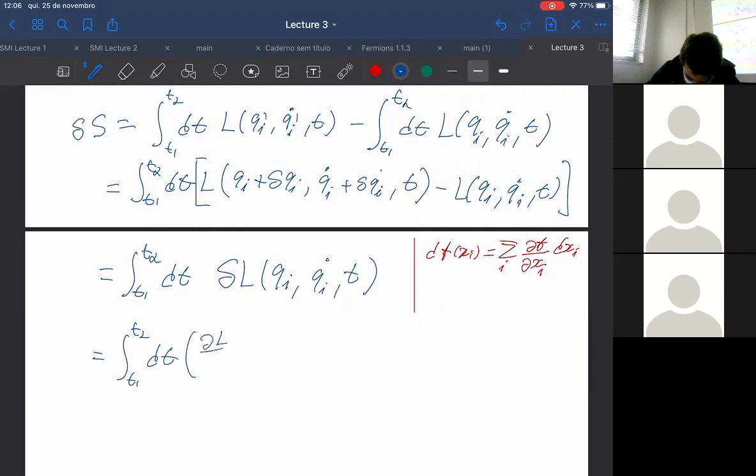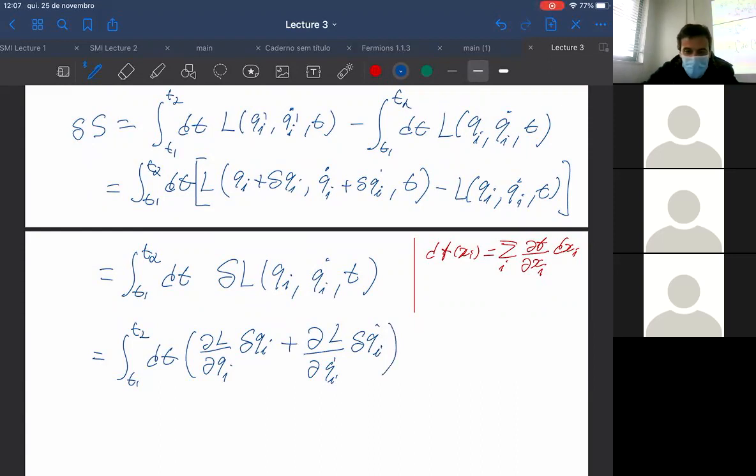So dL/dq_i delta q_i plus dL/dq_i dot delta q_i dot, right?